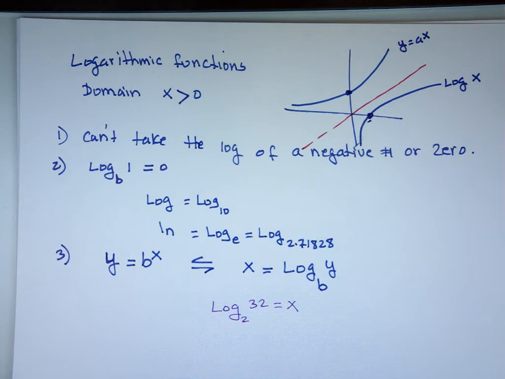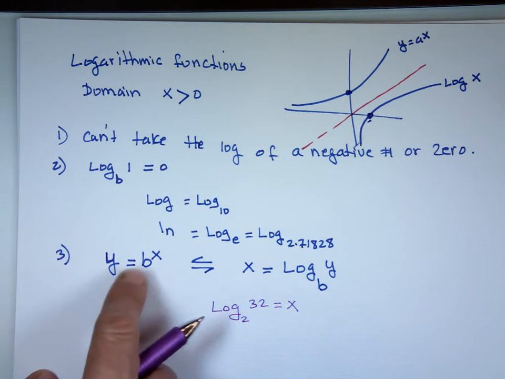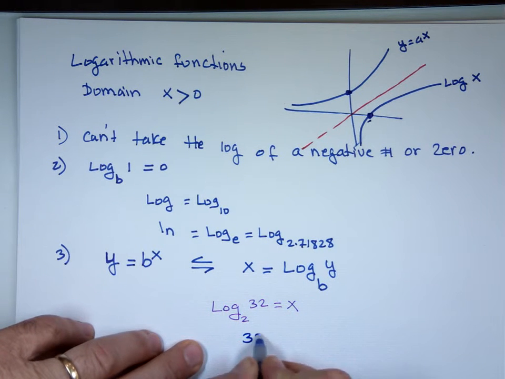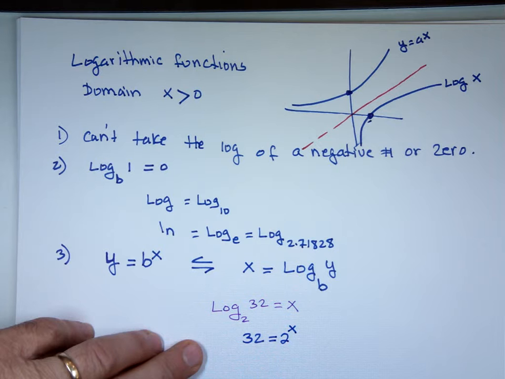Well, if you use this rule here, it says you can take that and change it to what? 32 equals the base. What's my base here? 2 to the power of x. 2 to what power is 32? Anyone? 5.